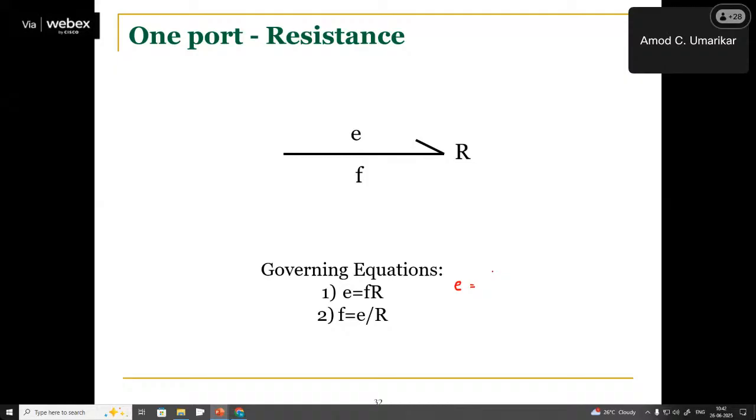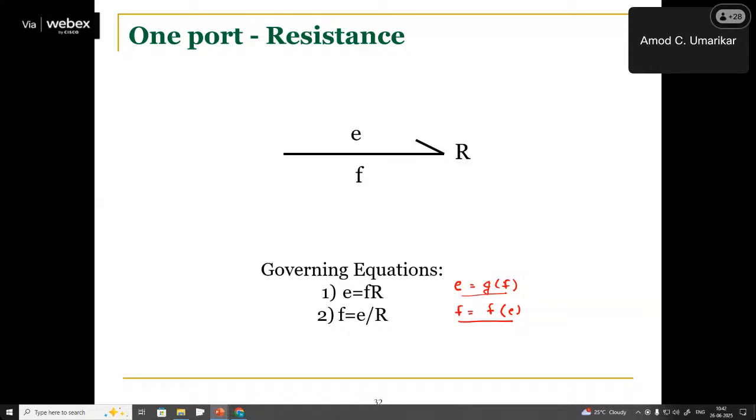E is equal to some function of F, or F is equal to some function of E. So these are the general equations, but this will represent the loss.